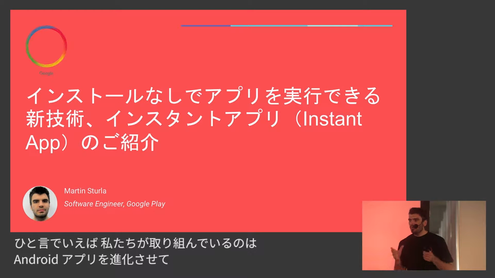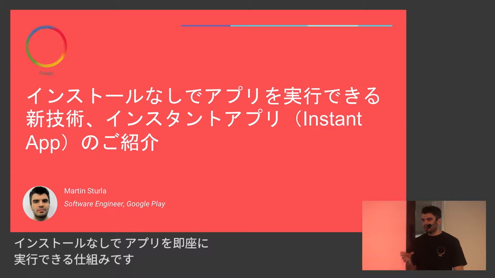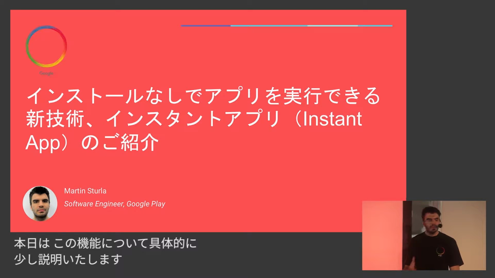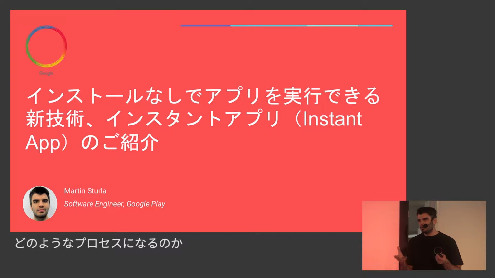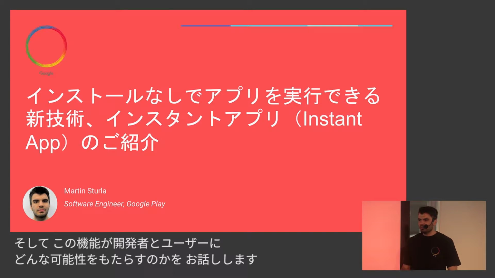In general, we are working to evolve Android apps and make sure that they can work instantly without installation. Today, I'm going to talk a little bit about what they are exactly, why they're such a powerful tool, how to build them, what the build process looks like, and talk about the new opportunities they could open up for developers and users alike.